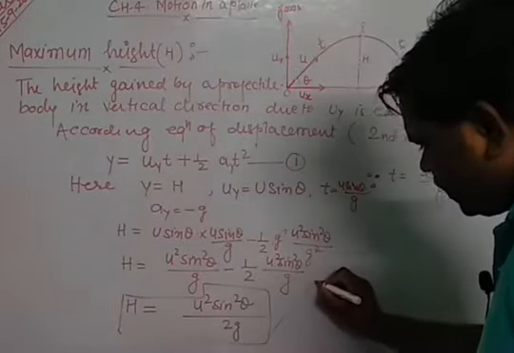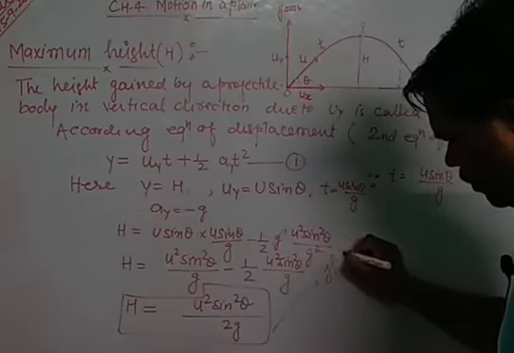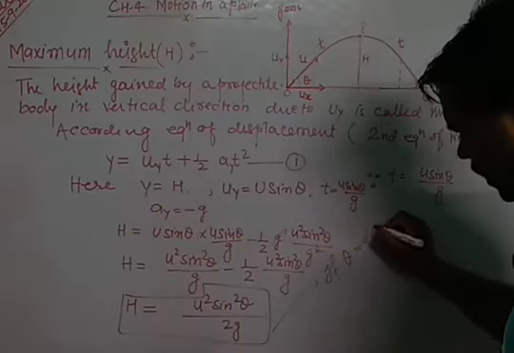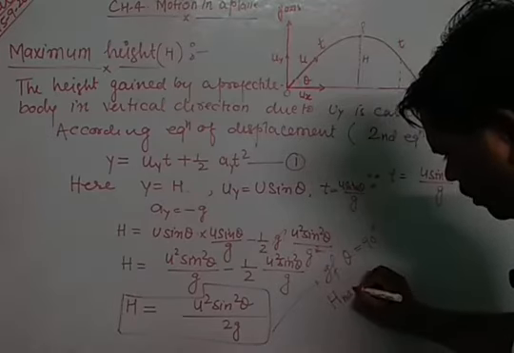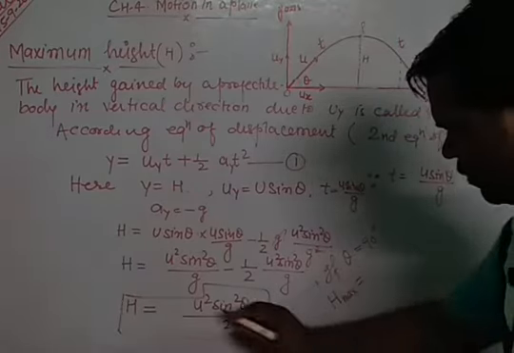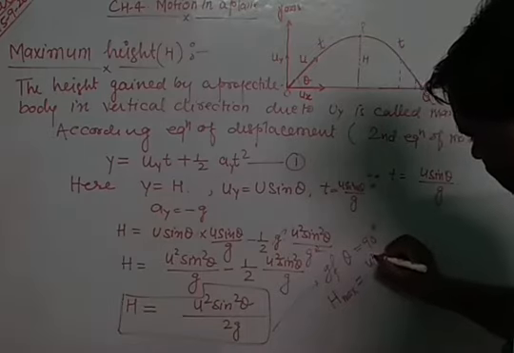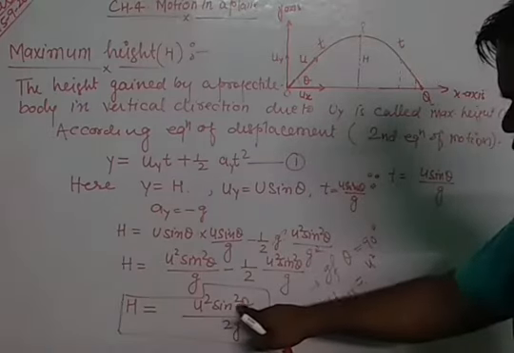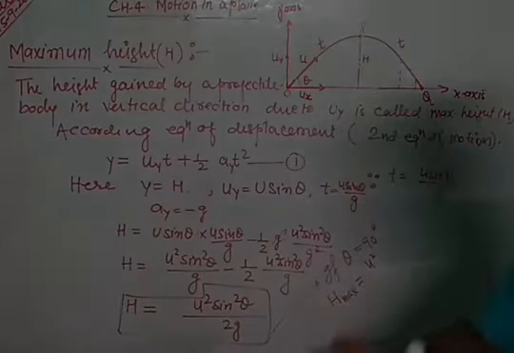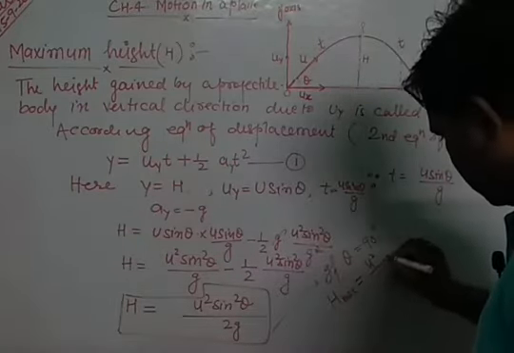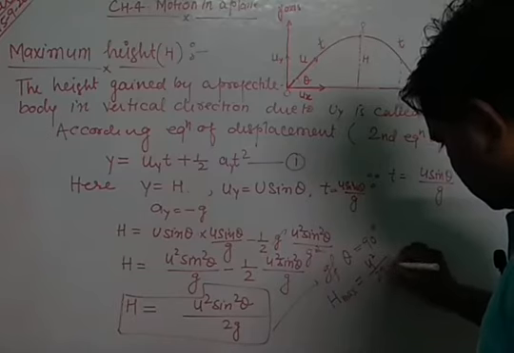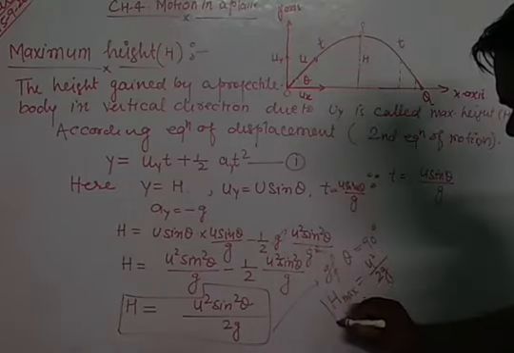Here there is a case: if theta becomes 90 degrees, h will become maximum, that is u square sin square 90 degrees upon 2g. Sin 90 degrees is equal to 1, and the square of 1 is 1. So finally we will get u square upon 2g.